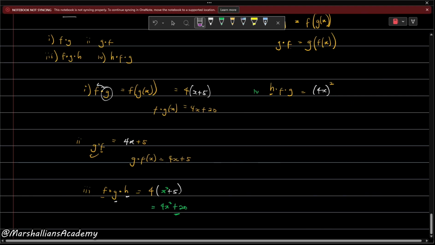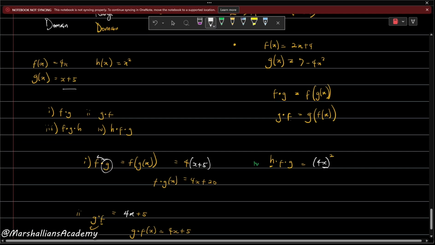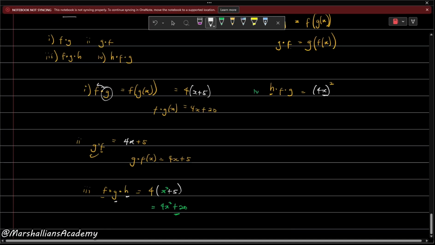Now, if you've gotten that, that's not all. I have only succeeded in putting f inside h. I also have to put g inside f. Are we together? And it means whenever I see x, the variable, inside g function, I'm going to be replacing it with function g. And function g is x plus 5.